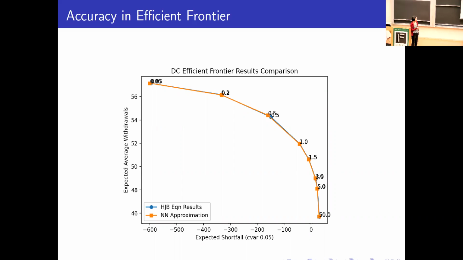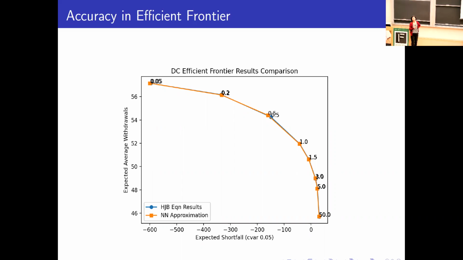I'm a bit surprised that it's capable of doing that, given that it's based on a set of scenarios going out 30 years, and we approximated the control at every rebalancing time by this simple shallow neural network.